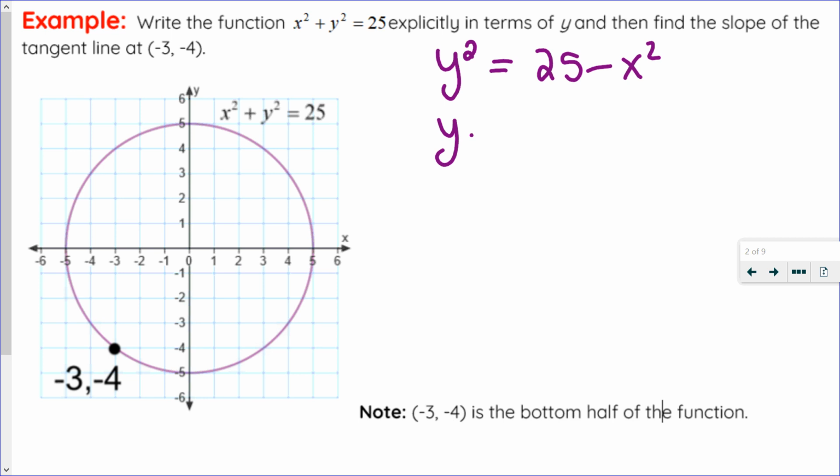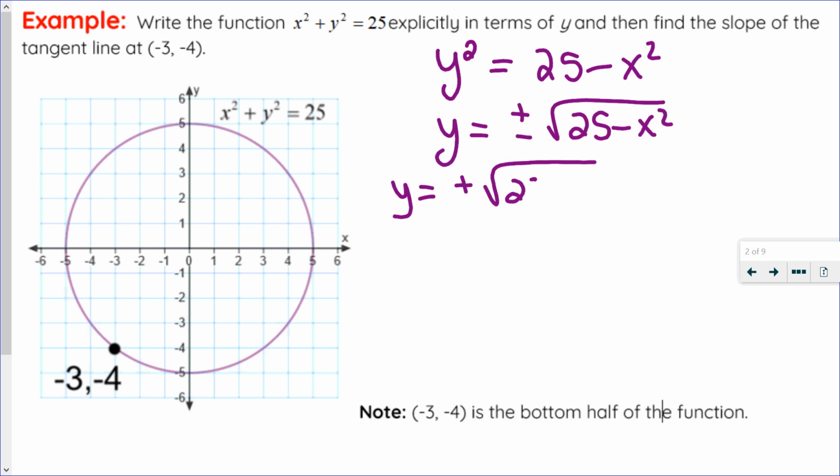and then take the square root. Now remember, when I take the square root, it's always going to be plus or minus. So I have y equals positive the root of 25 minus x squared, and y equals negative the root of 25 minus x squared.